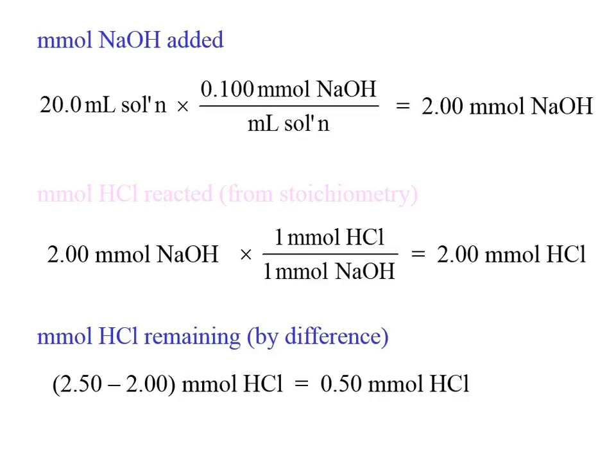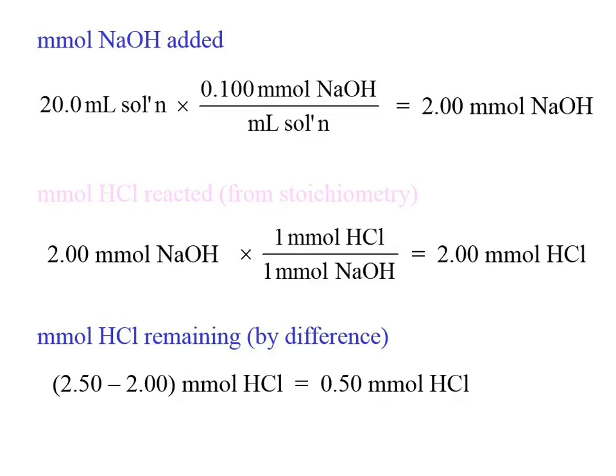Now, here's another tricky part. We need to divide that by a solution volume, but you need to recognize that we had a 25 milliliter aliquot, and we added 20 more milliliters of the sodium hydroxide. So we've got 45 milliliters of solution at that point.